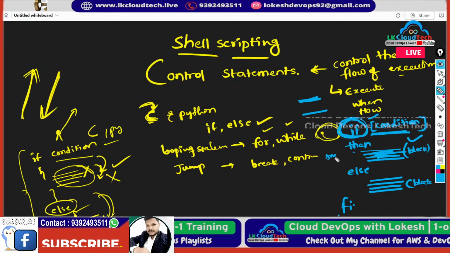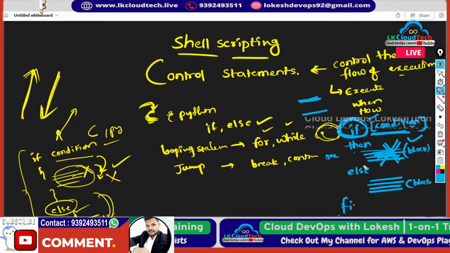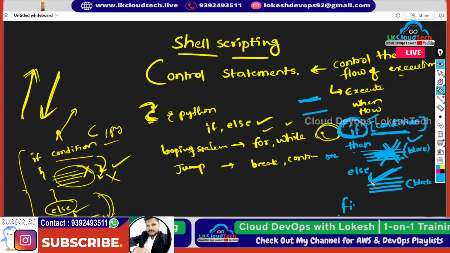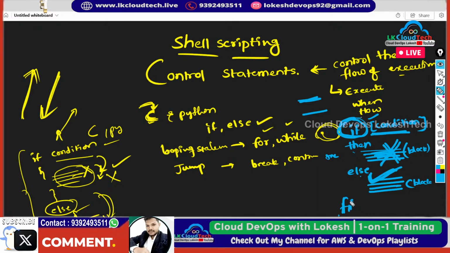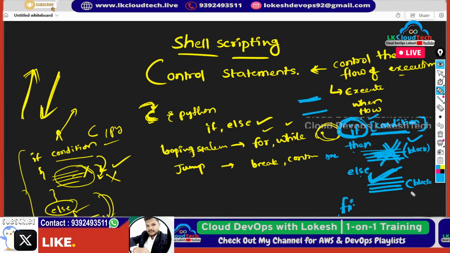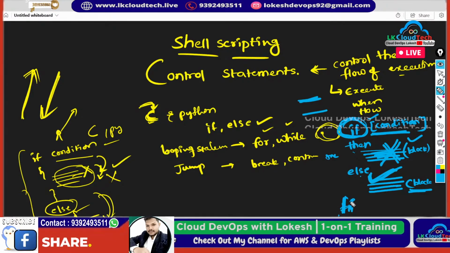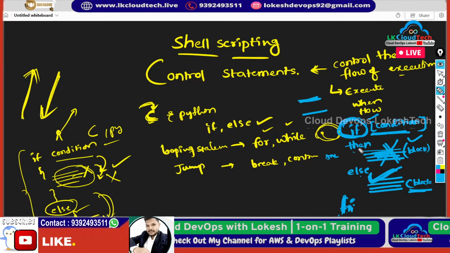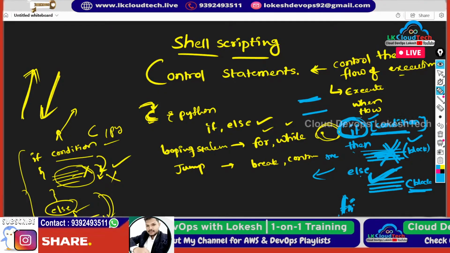If the statement does not satisfy this block, then it will execute the else block. Clear? If you want to end with this else block, after writing the else block you have to end with fi. If you want to end the if condition, you need to write the reverse, fi. Also you can write like this. Let me close this.